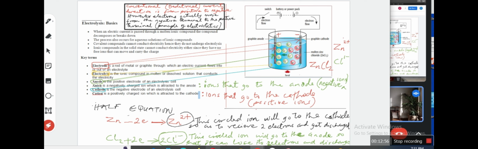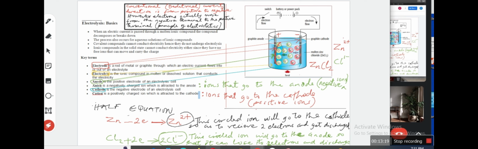I need to help you to remember it. It's easy to remember. You think of what ions go to the anode. Anions. And what is the charge of the ions that go to the anode again?